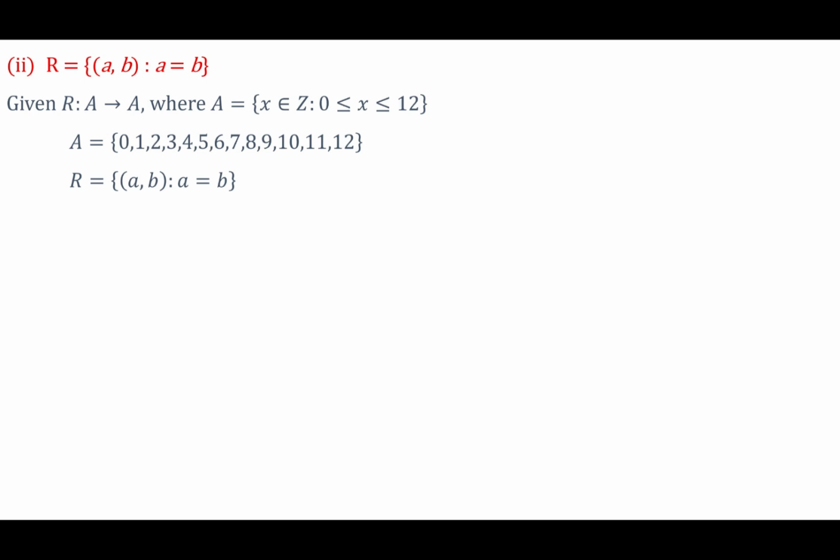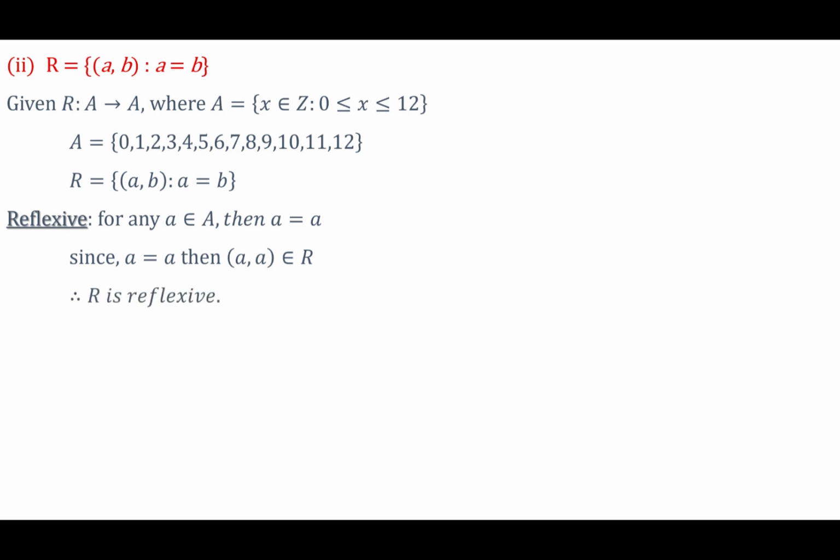Now we have to prove this relation is an equivalence relation. At first, reflexive. For any element a belonging to A, a equals a. As per the definition, since a equals a, (a, a) belongs to R, which means it is reflexive.